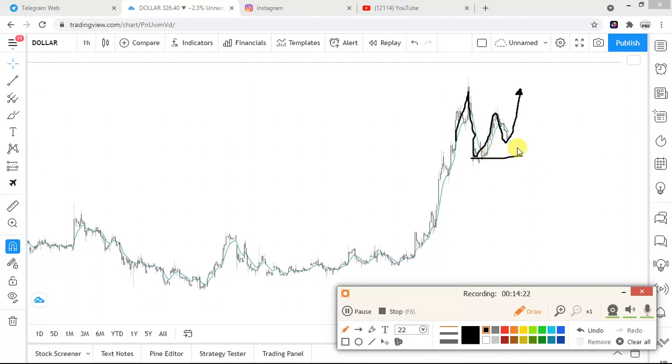A W pattern into resistance. Some traders think that the market moves in three impulsive moves and three consolidation moves. That is not true, my friend.